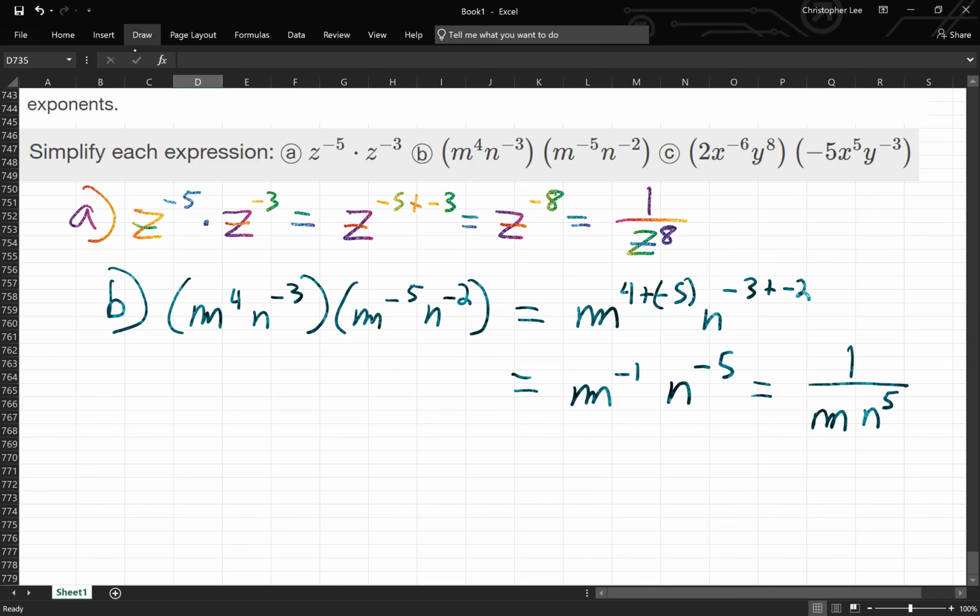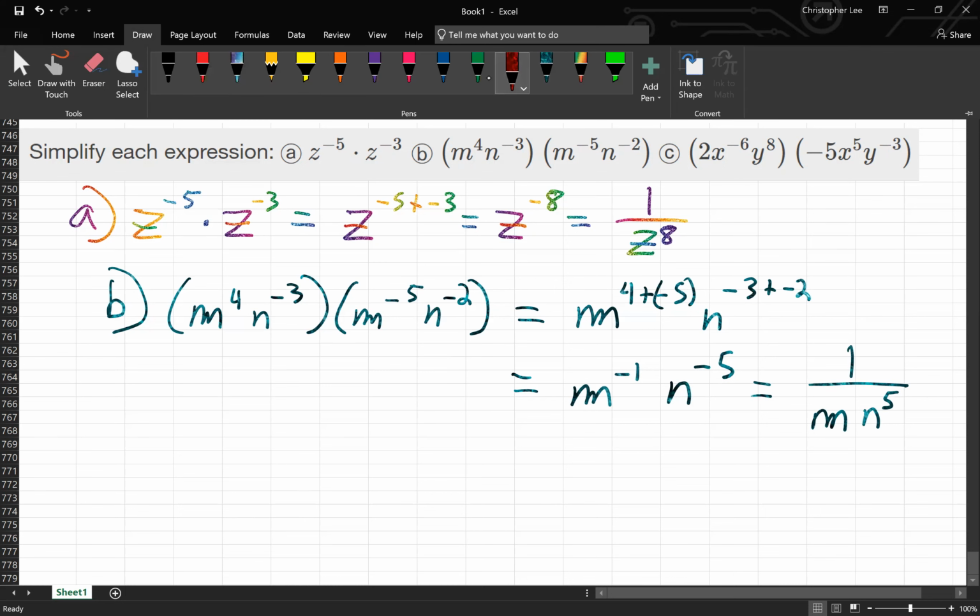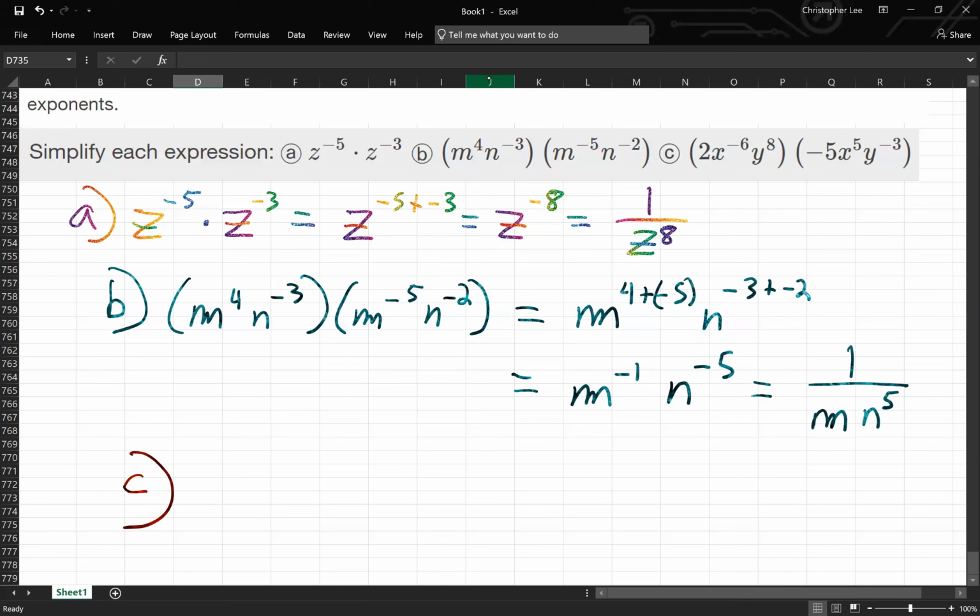All right, how about C? This is where it gets interesting. So I got 2x to the negative 6, y to the eighth power times negative 5, x to the fifth, y to the negative 3 power. What do we think? I'll give you a hint. Numbers with numbers, variables with variables.